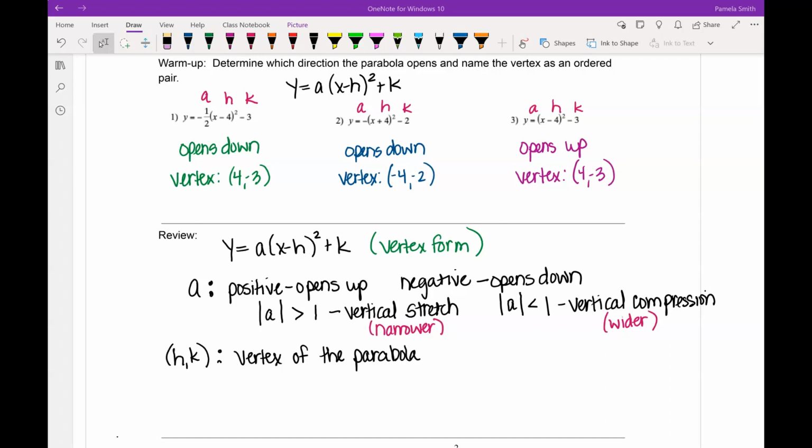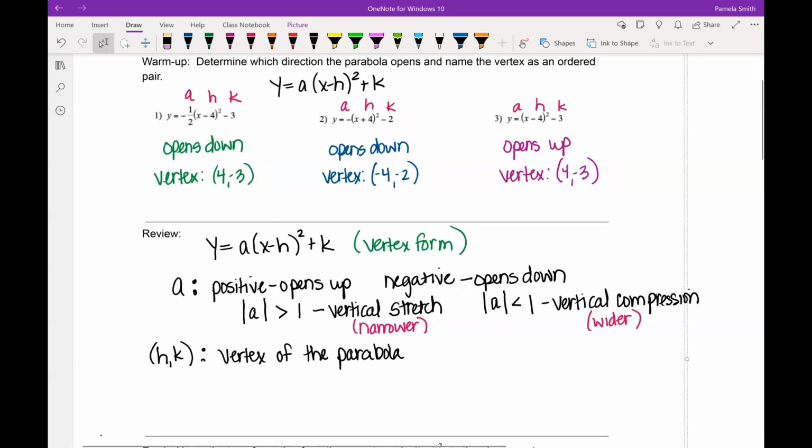Because that vertex is made up of an x coordinate and a y coordinate, even though we're using the letters H and K here, it's giving you the shift from the origin of the graph, basically.